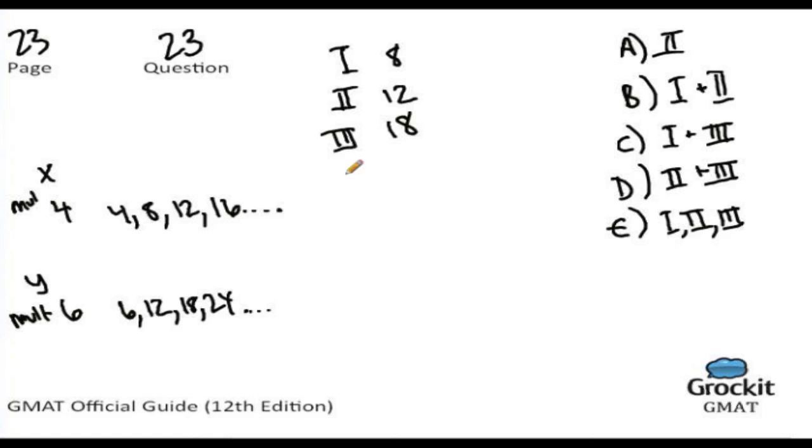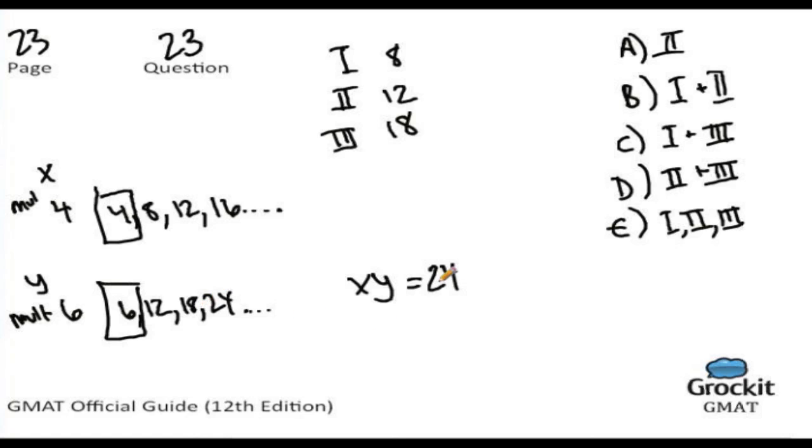Okay, so at the minimum, the very smallest possible number for x times y is the lowest multiple of 4 times the lowest multiple of 6. So at the very smallest, x times y is 24. It could be much larger. We don't actually know which multiple of 4 and which multiple of 6 it is.